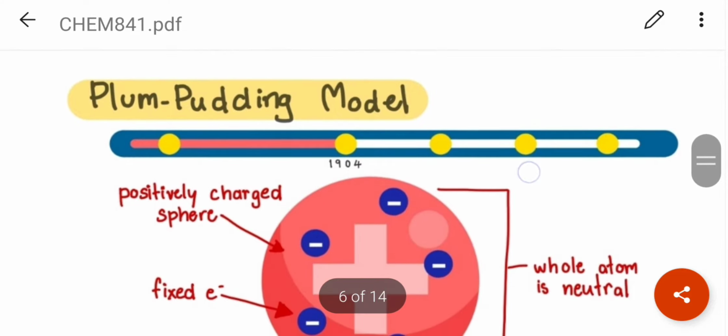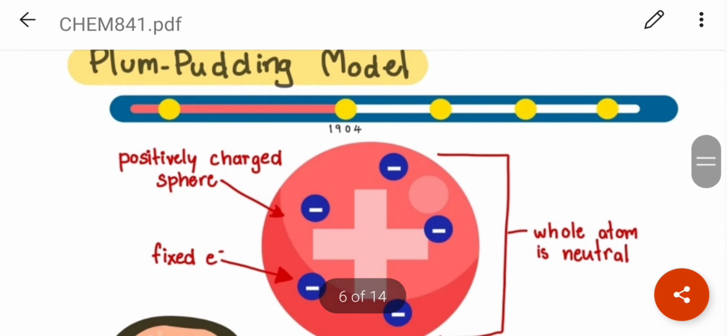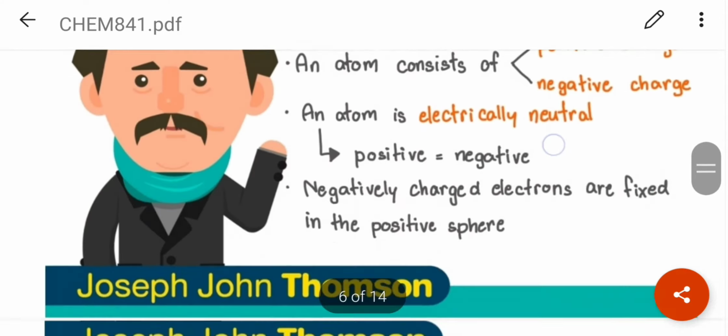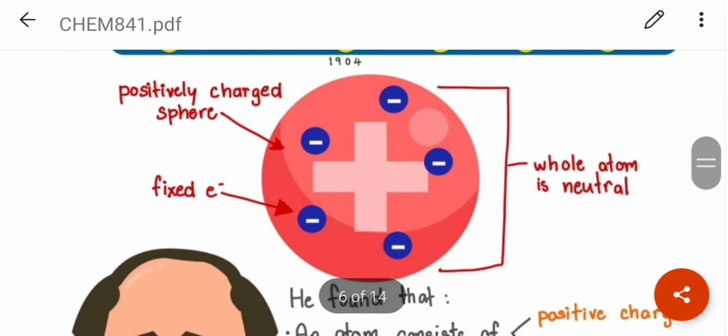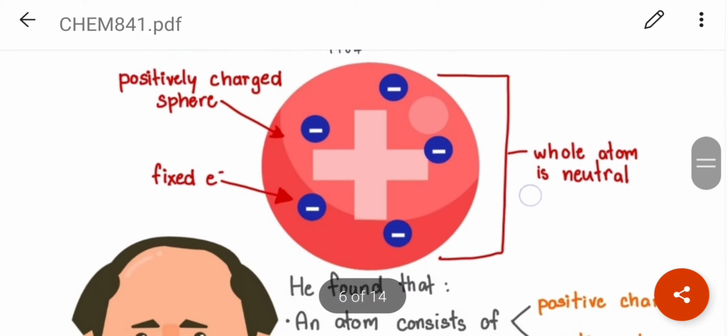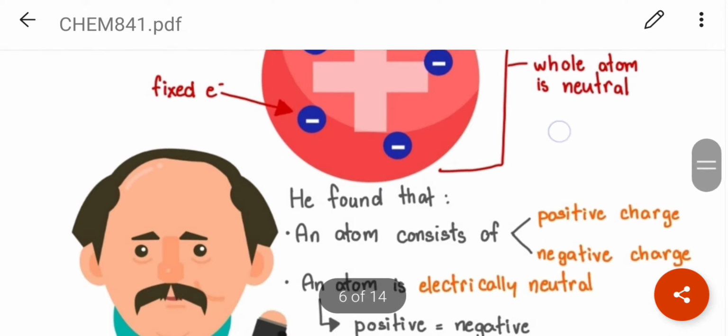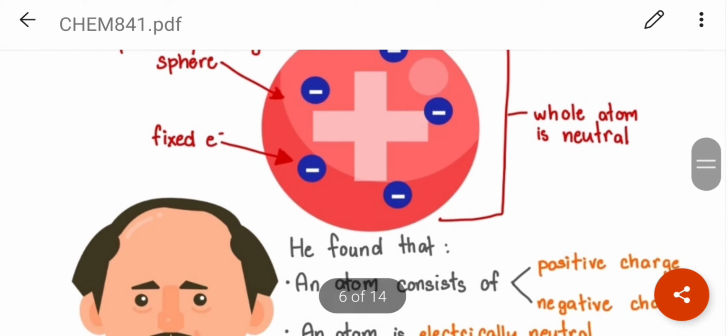The next model is the plum pudding model, okay, which was proposed by J.J. Thomson. So you can see here, it's called plum pudding model because it looks like a pudding. So he found that an atom consists of positive charges as well as negative charges.